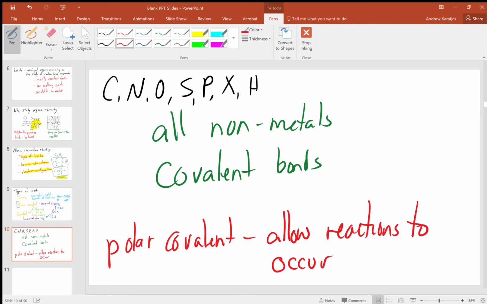If you have a molecule that only has purely covalent bonds, molecules where the electrons are shared equally, there are many examples of compounds like that. And you know what most of them have in common? They're boring. They don't really do anything.